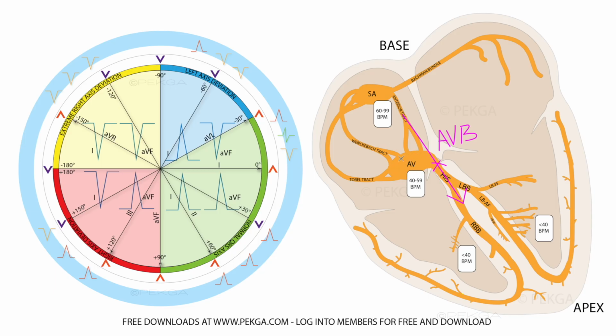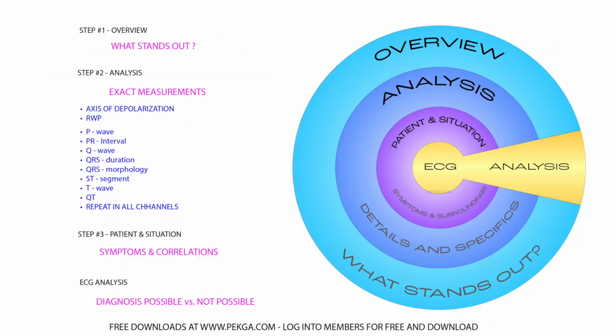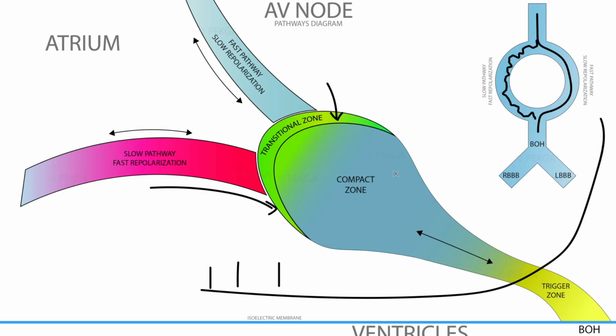See, the AV node lies at the bottom of the right atrium, right? So it's still in the atrium, which is important. And where's my AV node now? Here it is. So the AV node lies in the atrium, and it can get bombarded by signals from the atrium.